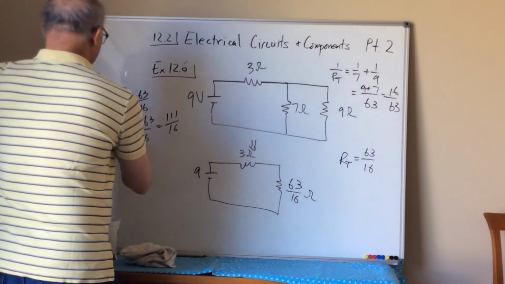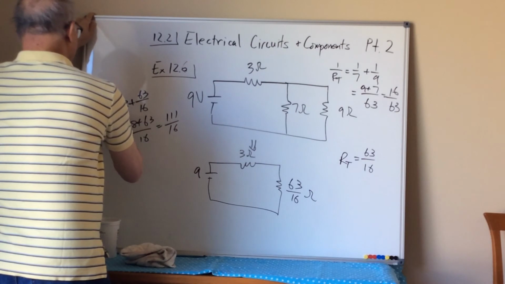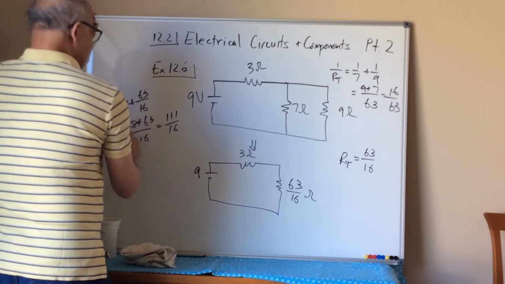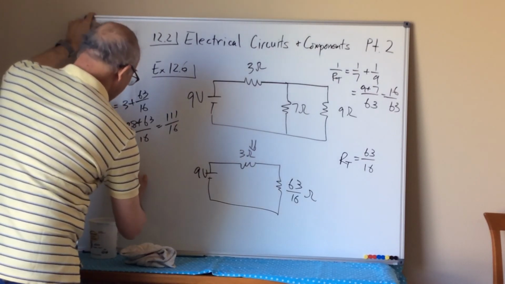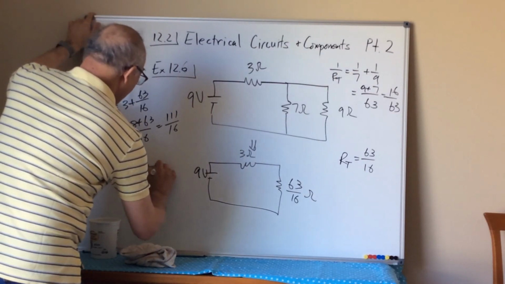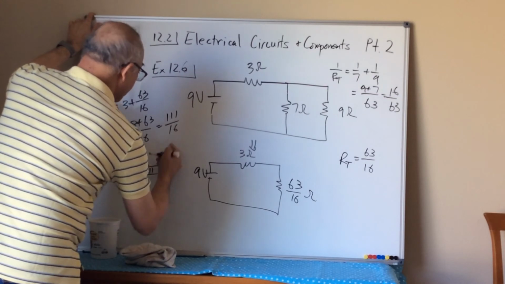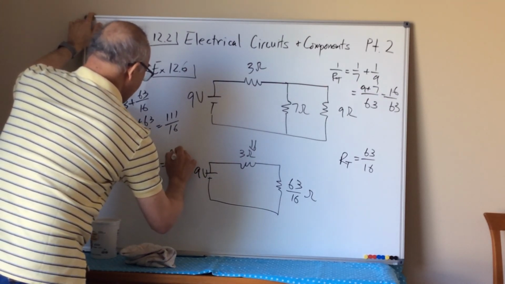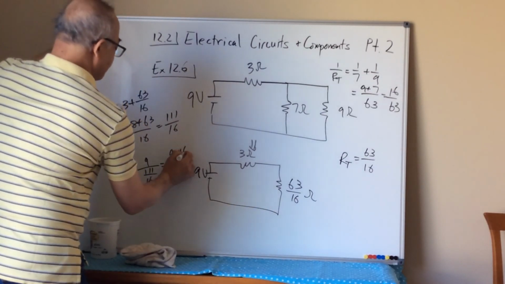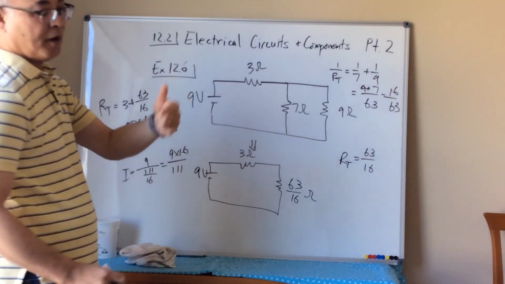So that would be my real total resistance. And I have 9 volts here, so the current is going to be what? Current is going to be 9 volts divided by the resistance, so it's 9 times 16 over 111. Okay, you can go on from there.